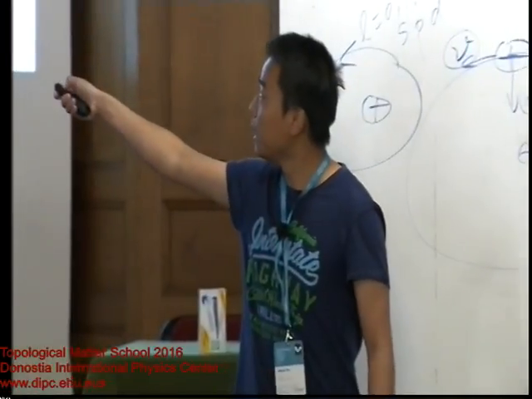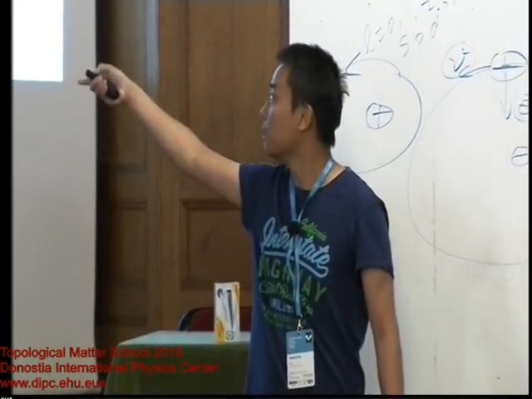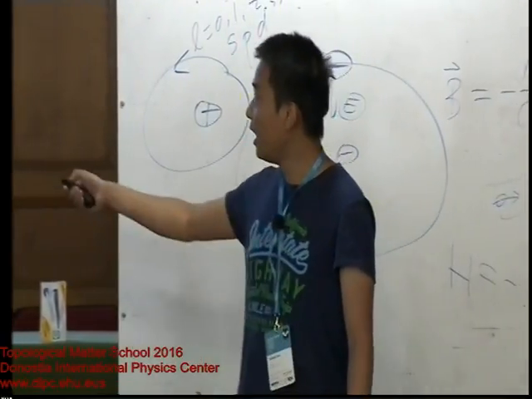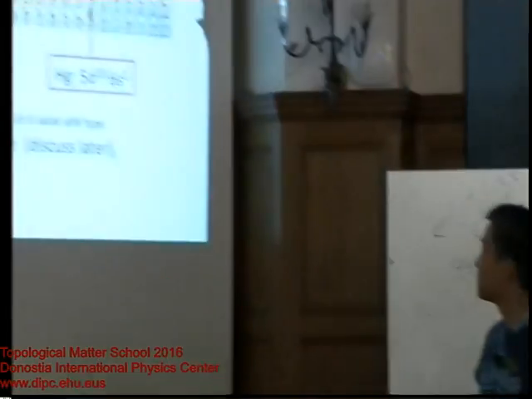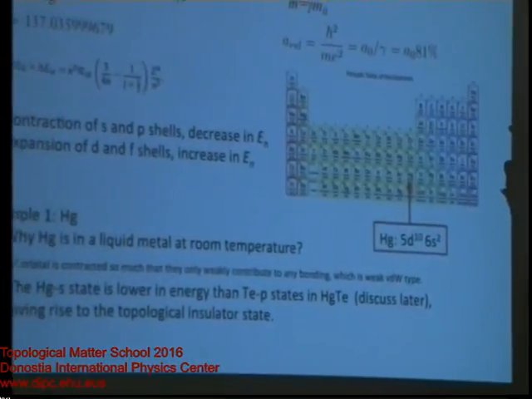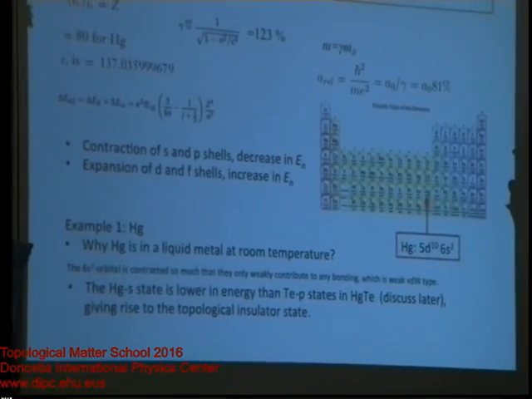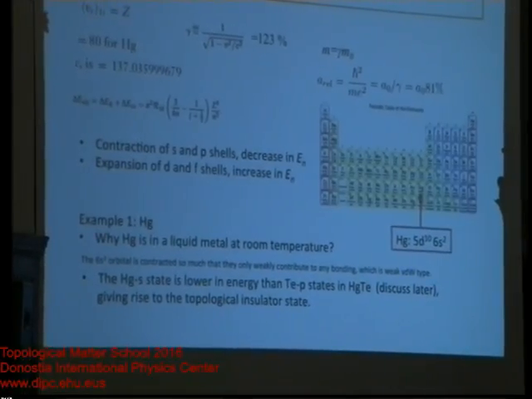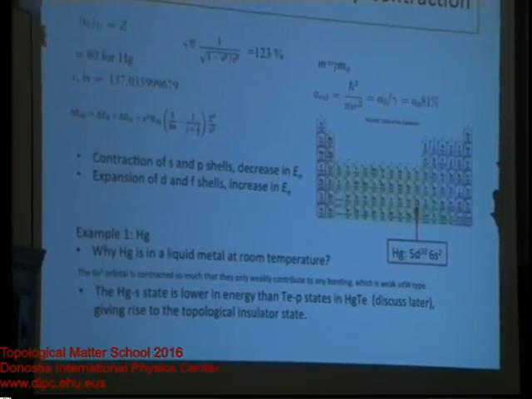Here 80 is the speed, and the light speed in this way is the fine structure constant inverse, 137. And then easily we get the Lorentz factor, which is 123%, a large increase. Here you will see the mass increases 20%, and then the radius decreases to its 1/80.